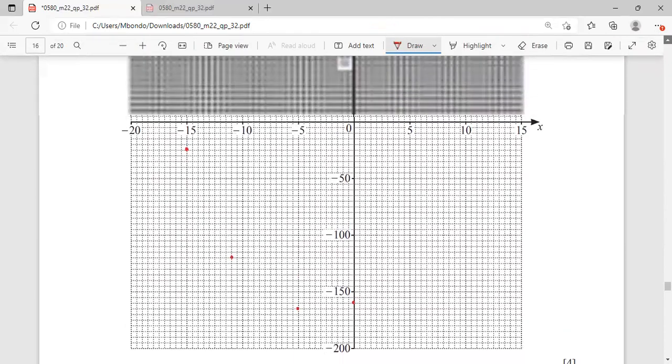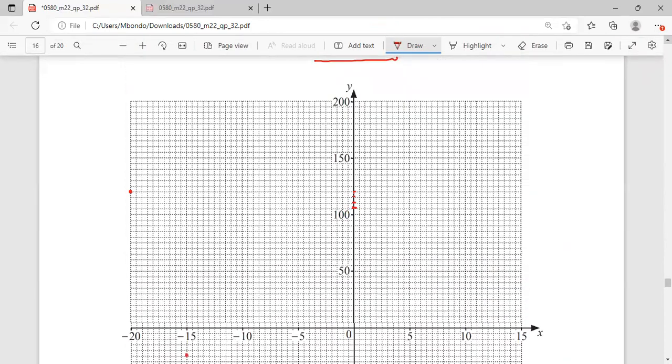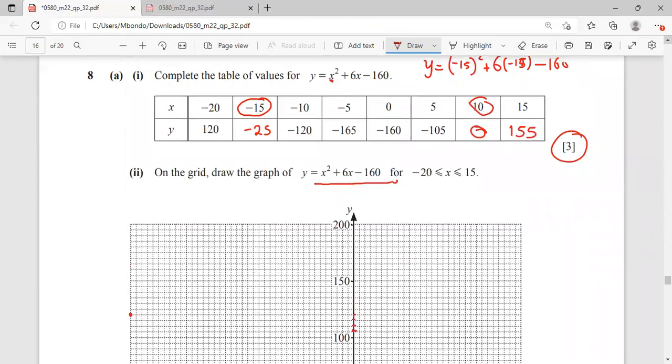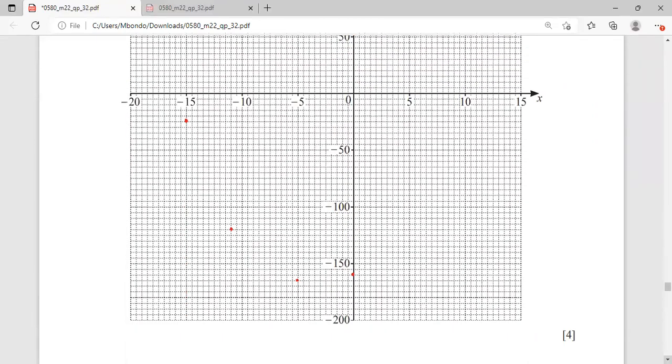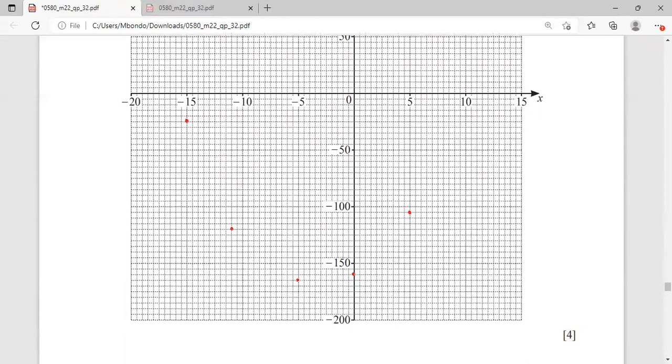Then next one is 5, negative 105. 5, negative 105 is this one here. Okay. Then 10, 0.